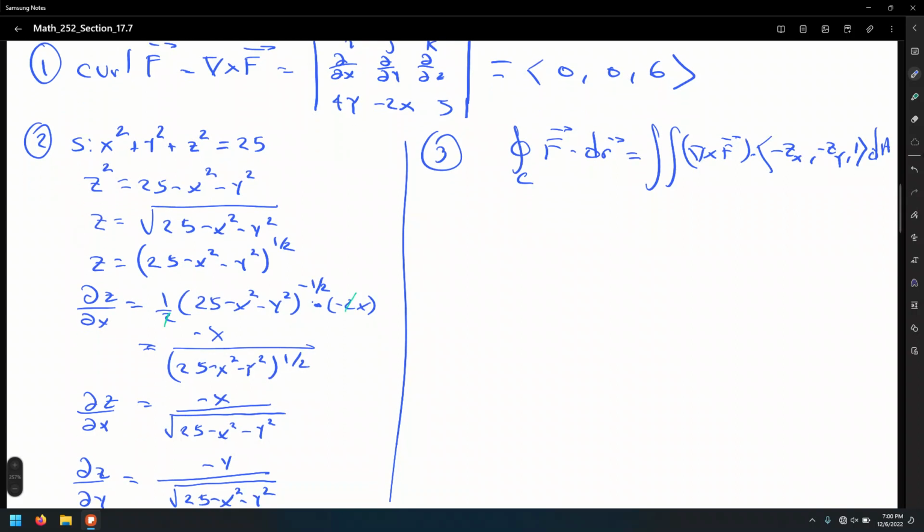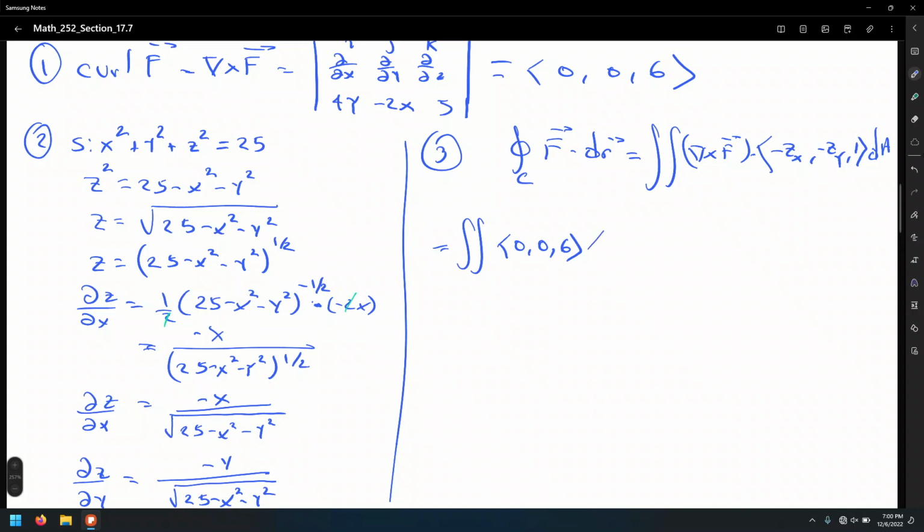All right. So we already got nabla cross F, which is what we did before. That's the vector, double integral of the vector 0, 0, 6, dotted with, careful here, because in the element of surface area the partial derivatives are negative, and because of this negative sign right here, that's going to cancel that negative sign there, right?